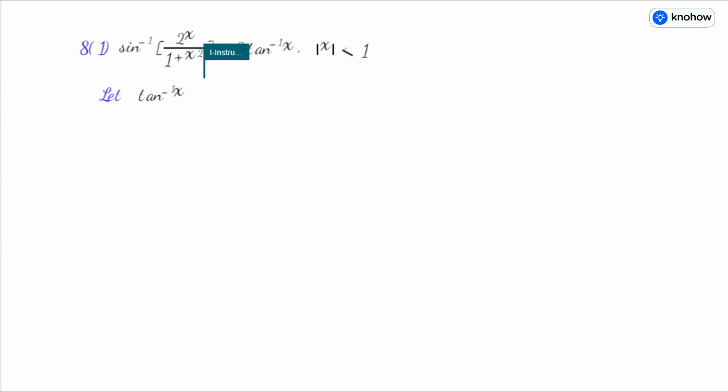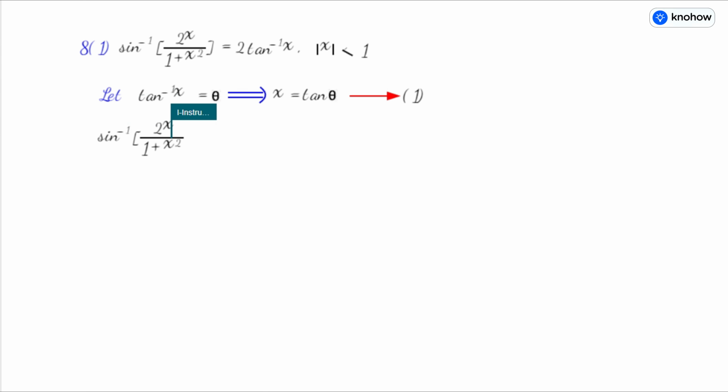which implies x is equal to tan theta. And now take the left hand side, sin inverse of 2x over 1 plus x square equal to sin inverse, replace the value of x by tan theta, you get 2 tan theta over 1 plus tan square theta.